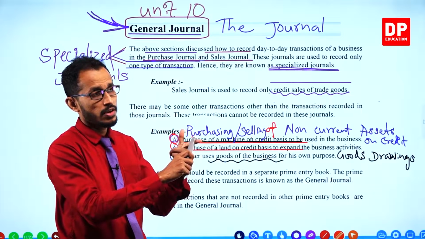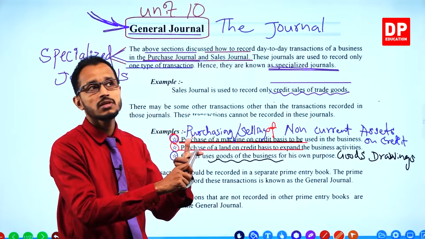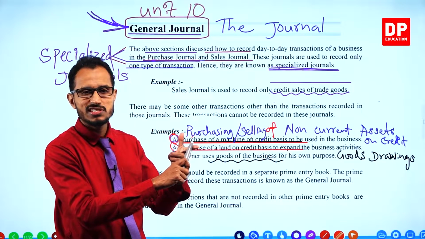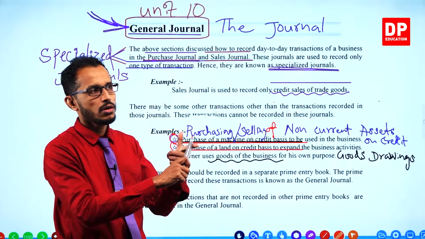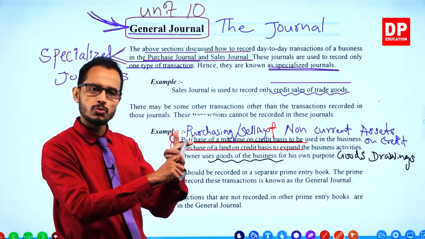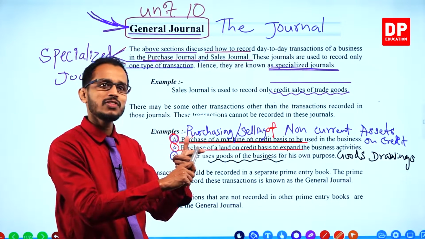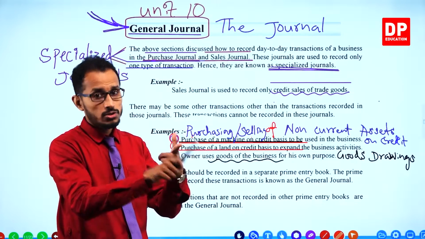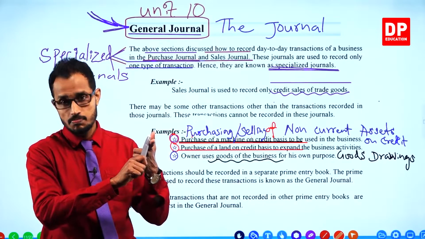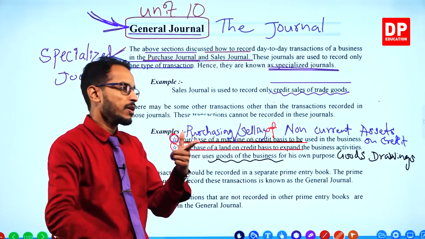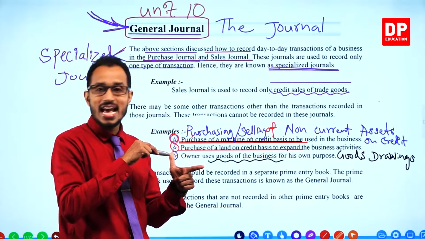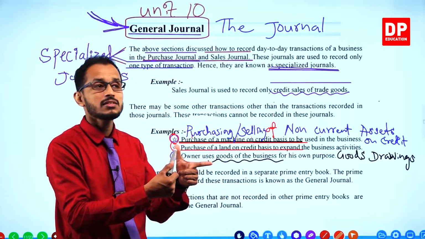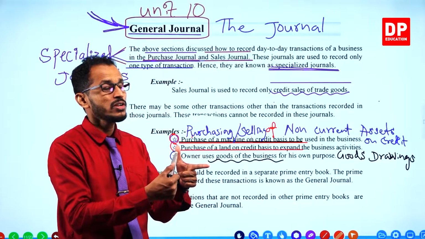If you withdraw cash from the bank for your personal uses, that is a cash drawing too. But you are taking money out of the bank, so it must be recorded in the bank book. If you take cash out of the cash till for your personal affairs, that's not very good.